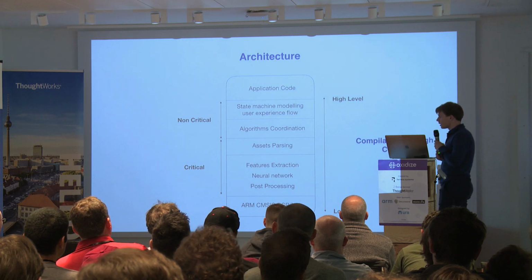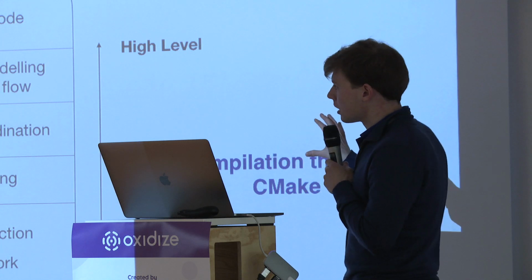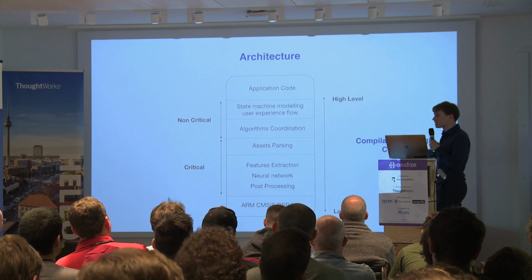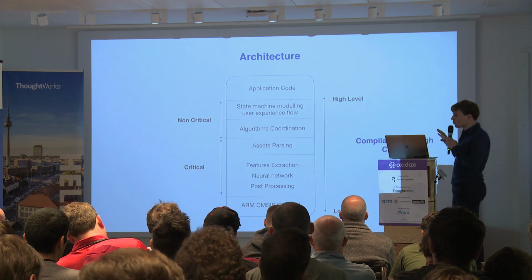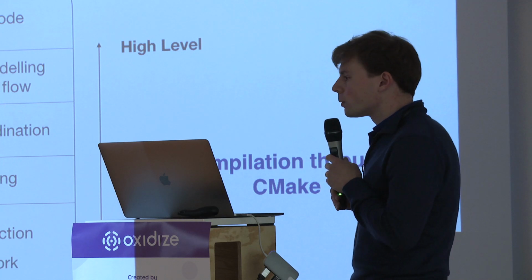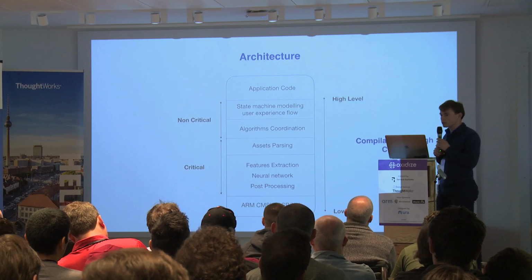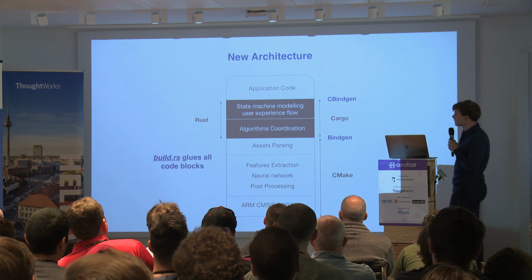The first thing we did was to reorganize the code base following these different layers. Everything was compiled thanks to CMake, which was a great tool, but we wanted to do more with Cargo.